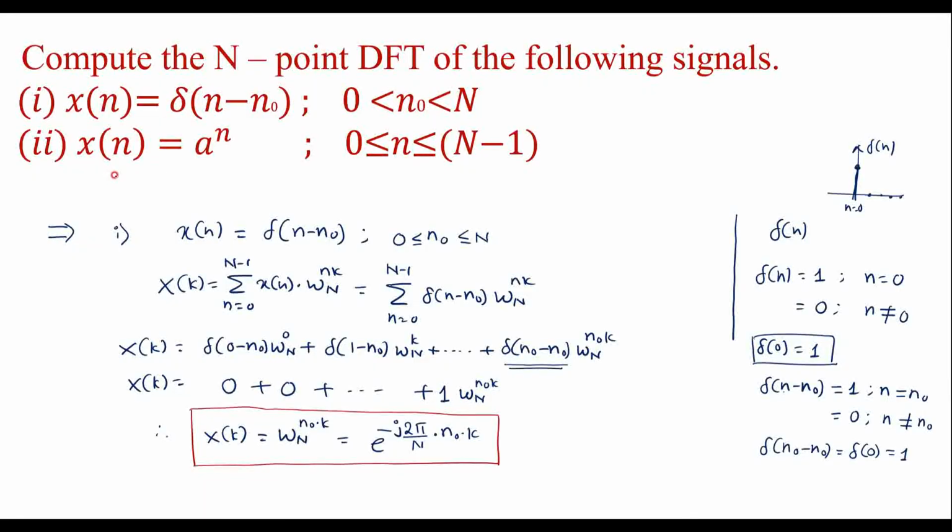I will consider the second example, where x(n) is equal to a to the power n, for n from 0 to N minus 1. We know that the DFT of any discrete sequence x(n) is X(k), defined as the summation from n equal to 0 to N minus 1 of x(n) W_N to the power nk.